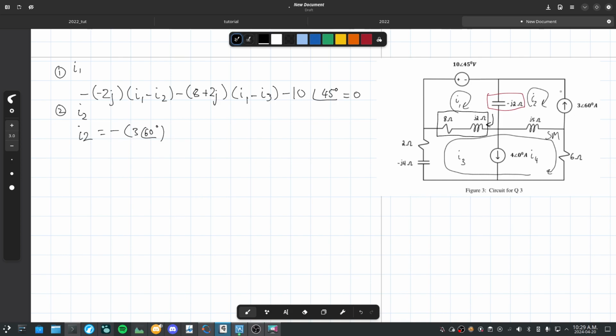Recall that, again, we're going against the current source. The current source is pointing up, but our mesh is pointing down across the current source, so we negate it. After that, we don't have to do anything. That's I2, because we already have our current. So now it's time for our super mesh, I3 and I4.